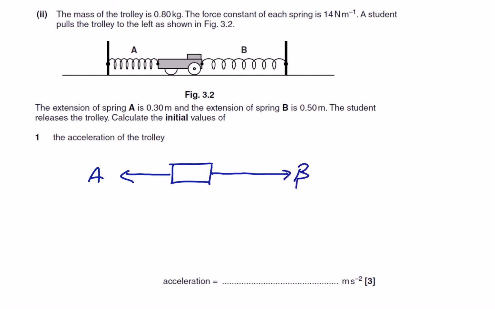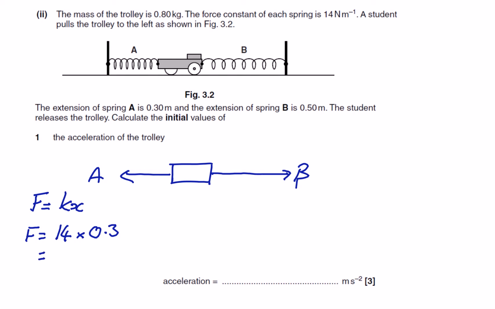We need to find out what those are. So we know that the force is equal to kx, so let's put the numbers in here. The force is equal to the force constant, which is 14, multiplied by 0.3, and that will give us a magnitude of 4.2 newtons.